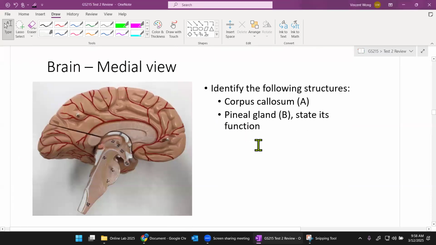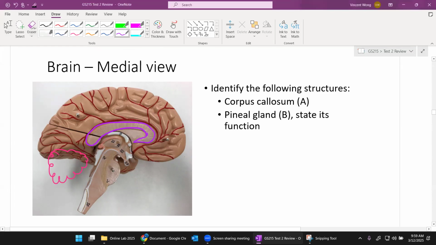Okay, this is the medial view. It's the left half again. Cerebellum would have been here. It's asking us to identify the corpus callosum. That would be right here. White matter, allowing communication between the two halves of the brain.